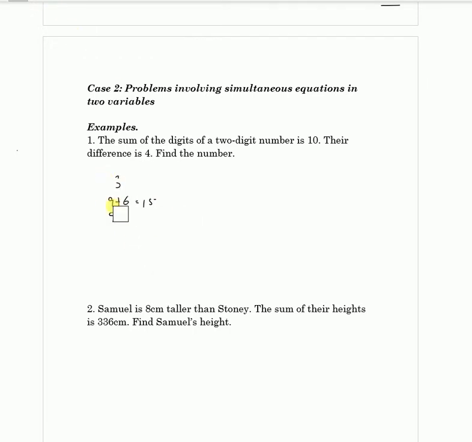So for our case, we shall let the digits making up the number be x and y. You can write that, let x and y be the digits making up the number, and that means the number is xy.